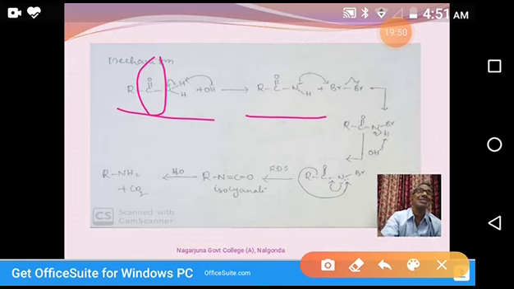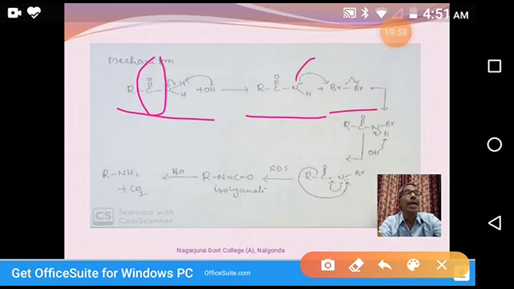That's why it is stable. This stable anion, when it reacts with bromine, Br2, substitutes one of the Br. One Br leaves as Br minus, and our nucleophile occupies its place. That's why it is called a nucleophilic substitution reaction.